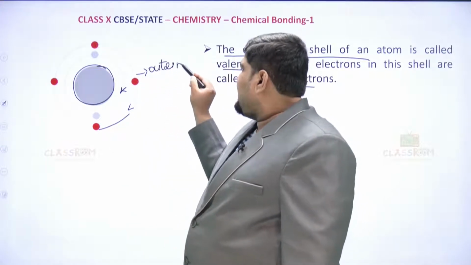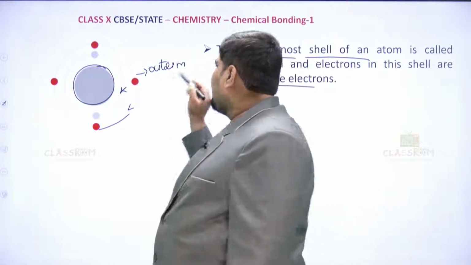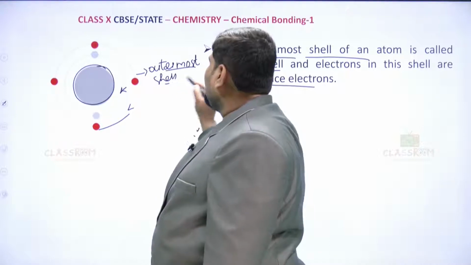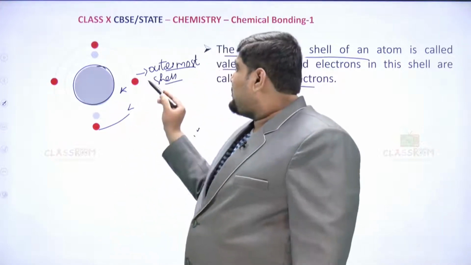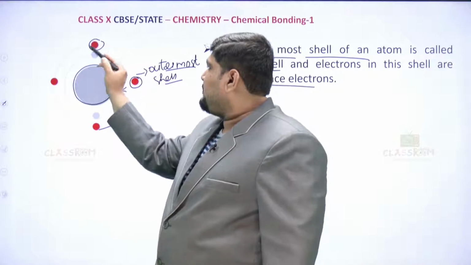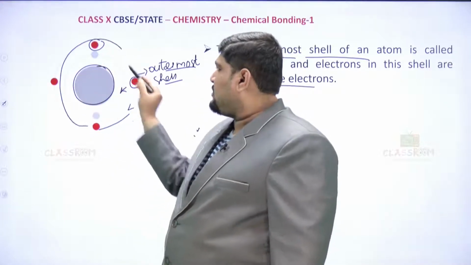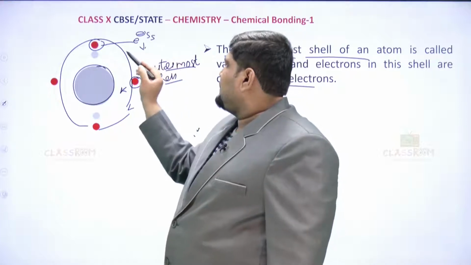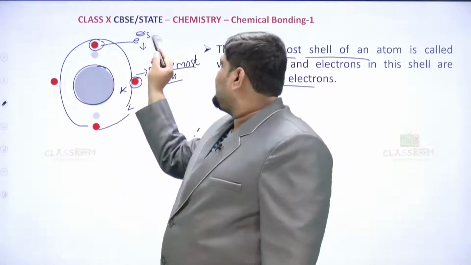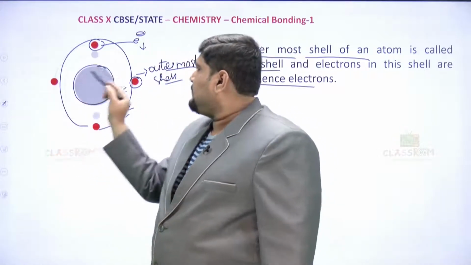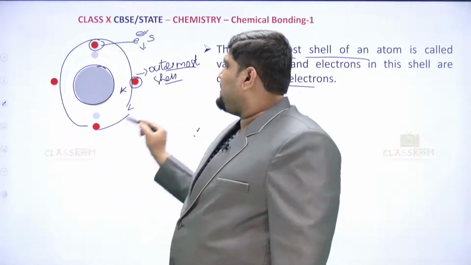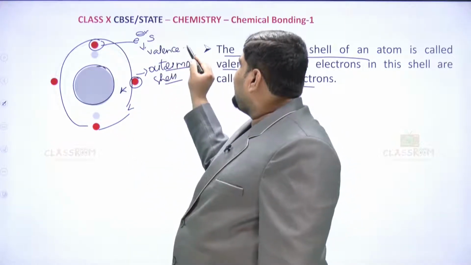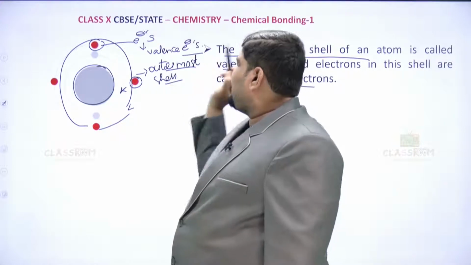This is what we call the outermost shell. Whatever electrons you find in the outermost shell are called valence electrons.